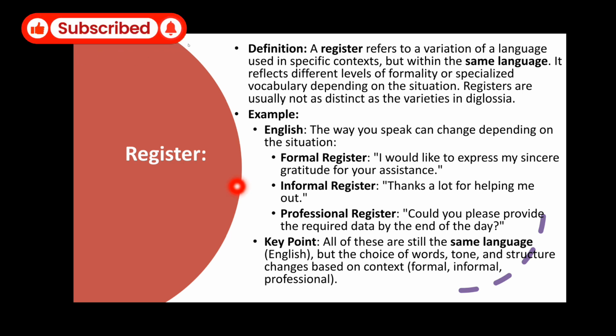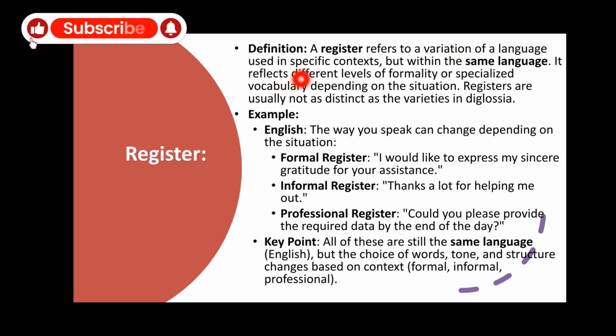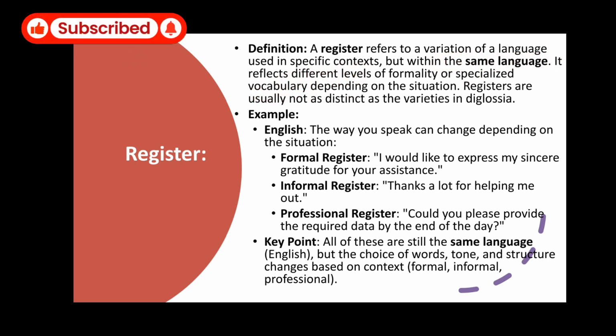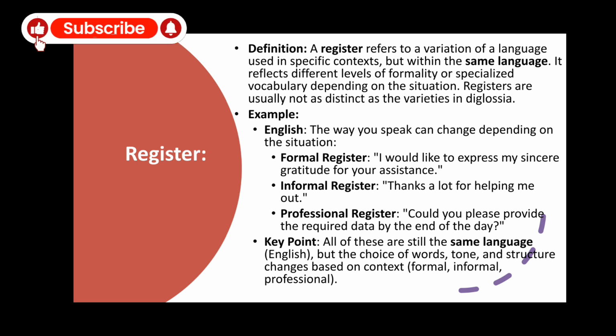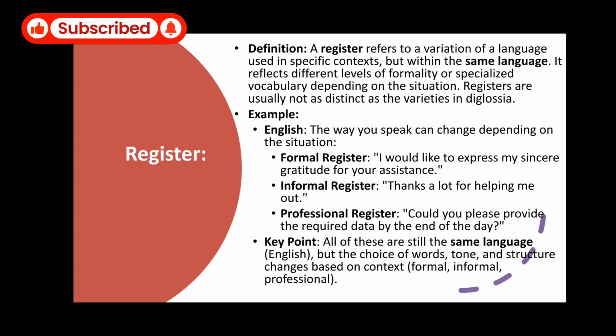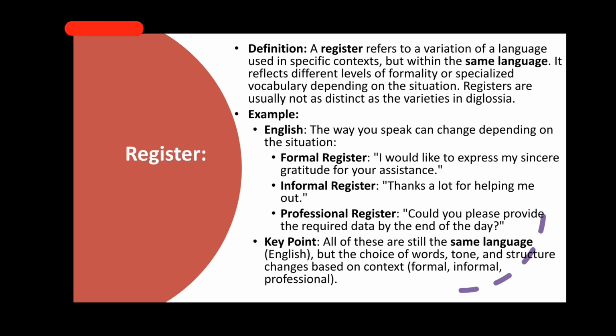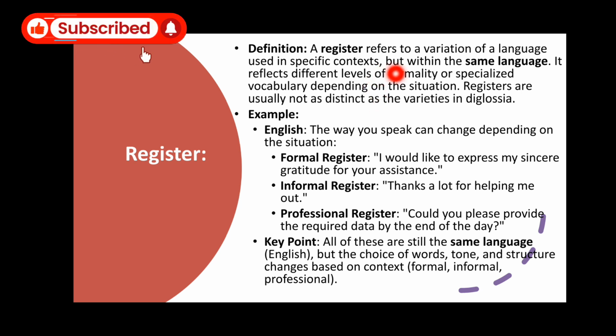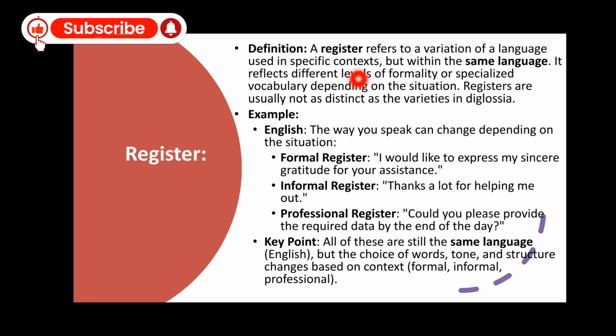Now, what is register then? Definition: a register refers to a variation of language use in specific contexts. So in both there is variation. In diglossia we also have variation, and in register we also have variation. But the notion of diglossia is different from the notion of register. Register refers to the variation of language use in specific contexts.